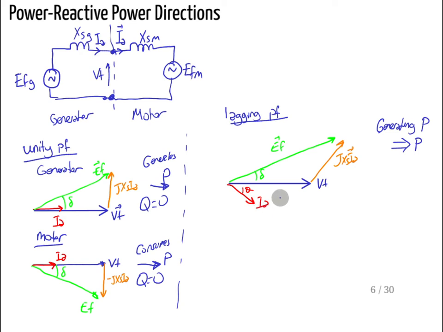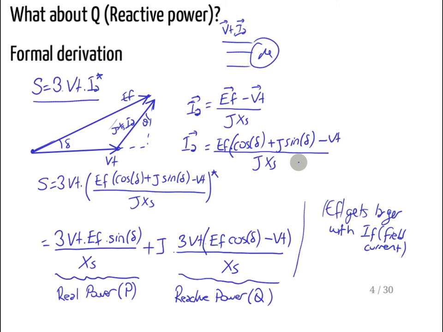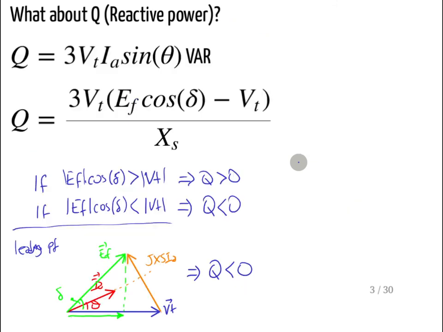Let's look at the reactive power for the lagging power factor. EF is actually larger than that value, so if you go back, EF cos delta minus VT is now larger than 0.